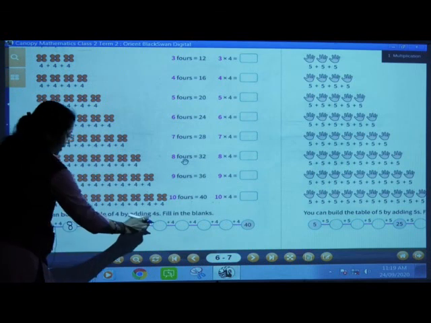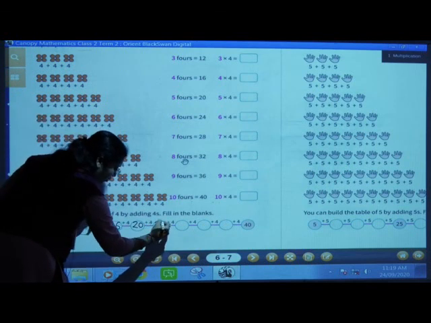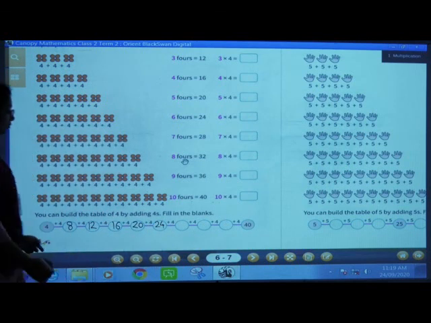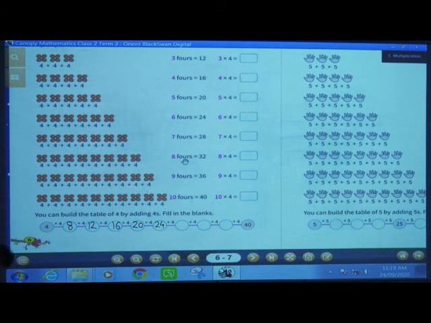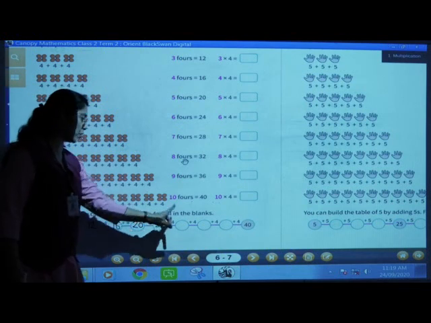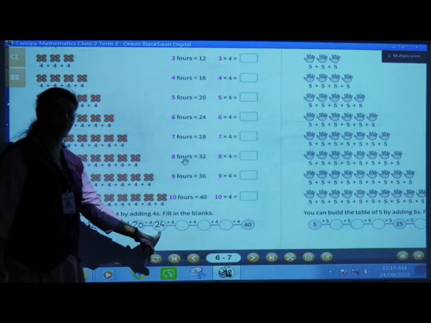Then 4 6s are 24. Again this 4 we have to add to this 24.